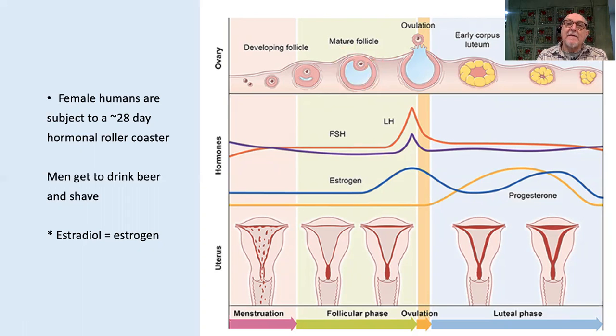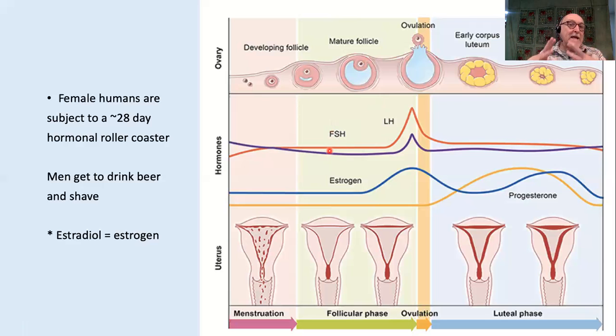And as it's maturing, this follicle is releasing small amounts of estrogen. It actually acts as an endocrine gland. It releases small amounts of estrogen, which feed to the hypothalamus. And the hypothalamus gets the pituitary to release follicle stimulating hormone and luteinizing hormone. And as this follicle matures, there is actually a positive feedback.